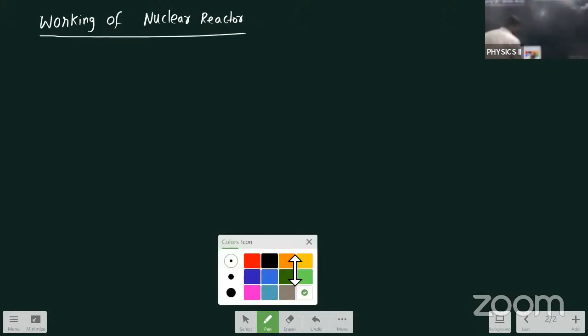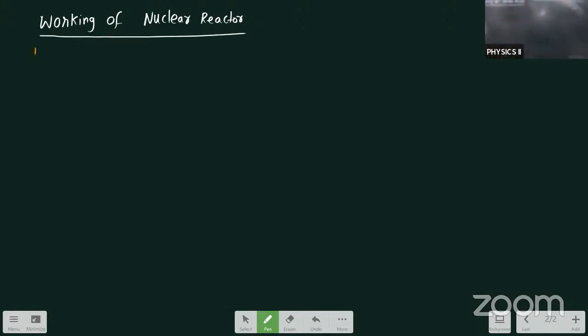The first thing you are supposed to write is: whenever uranium 235 (atomic number 92) undergoes the fission process, what will happen?